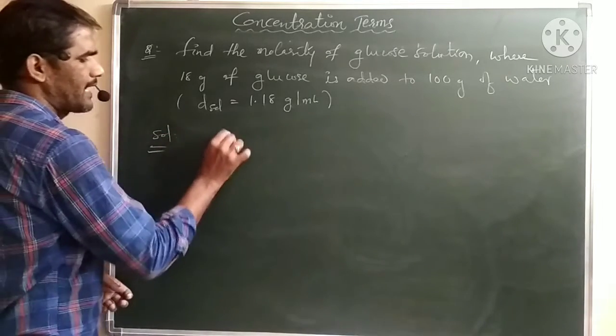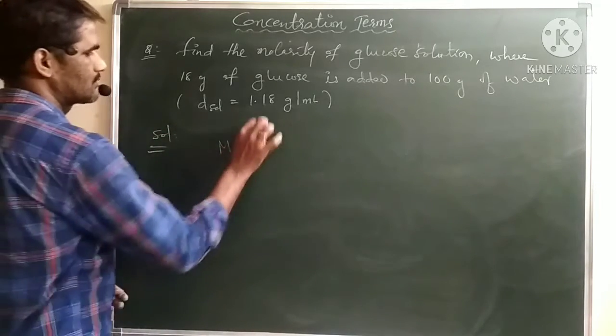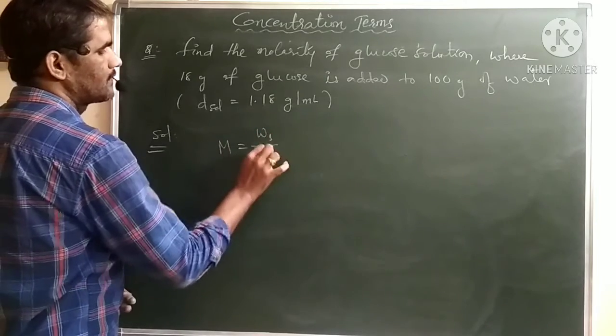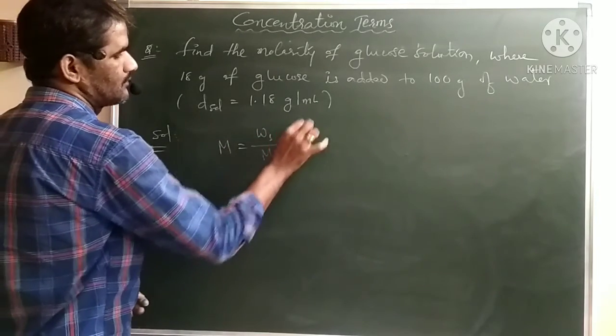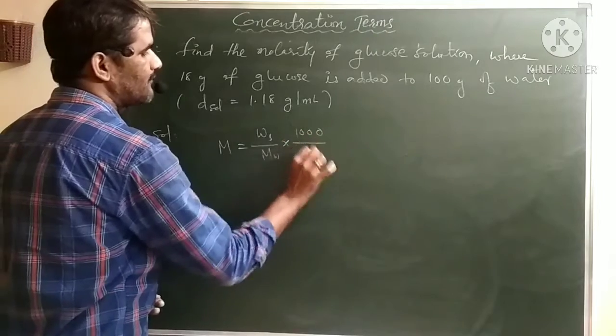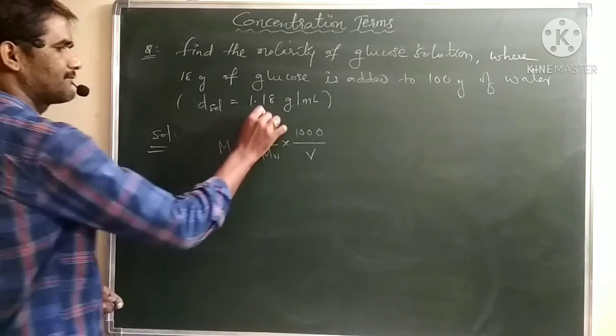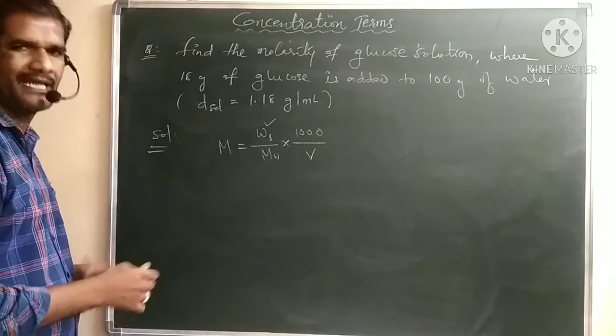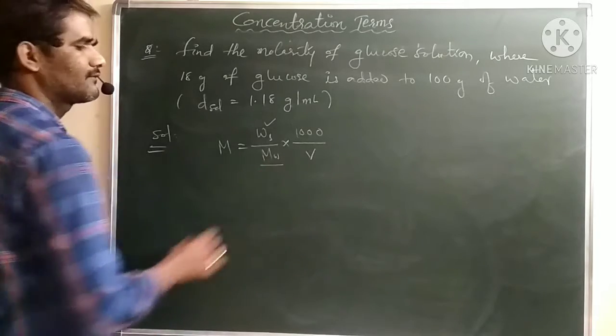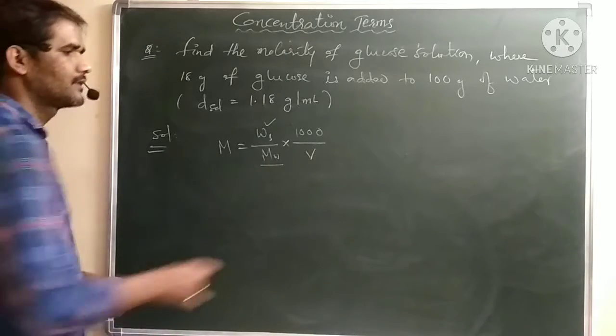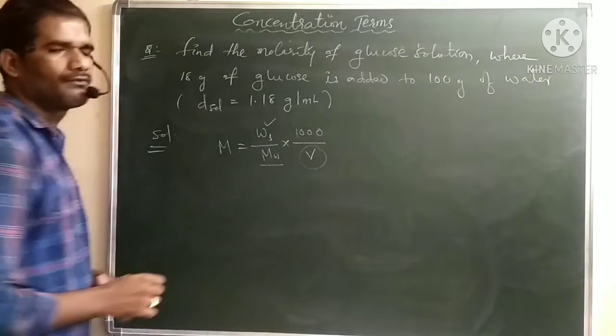Again, as usual formula, molarity is equal to weight by molecular weight into 1000 by V. Anyhow, here weight of solute is there, that is 18 grams. Now the molecular weight of glucose we know, that is 180 grams. So what we require extra here is the volume of solution.